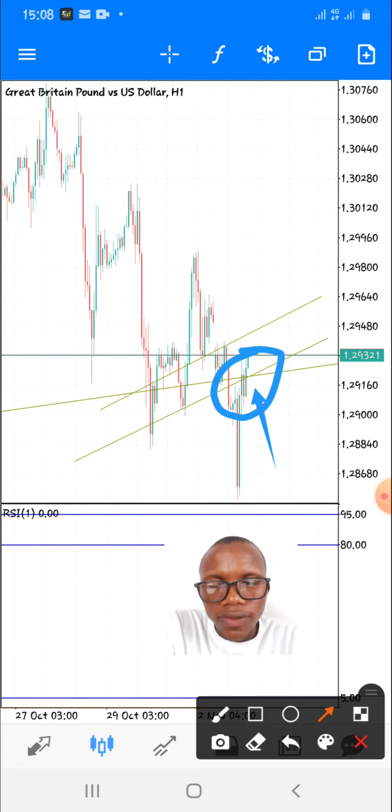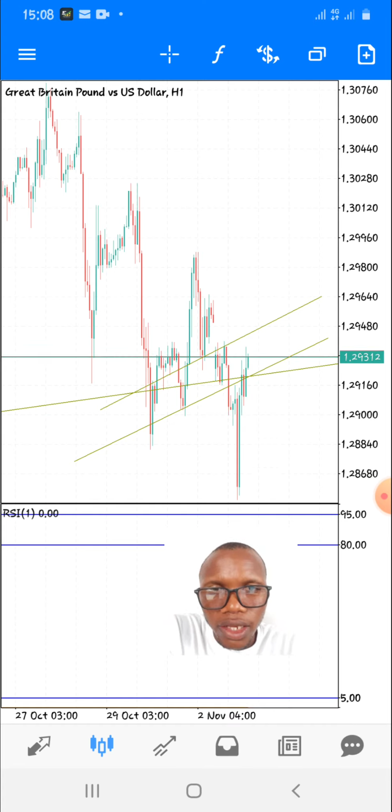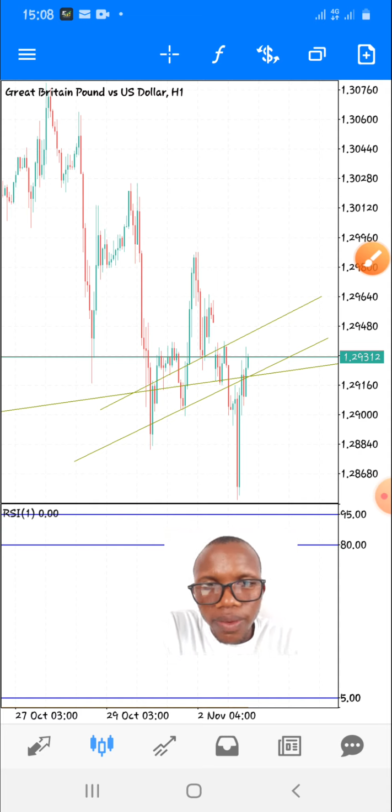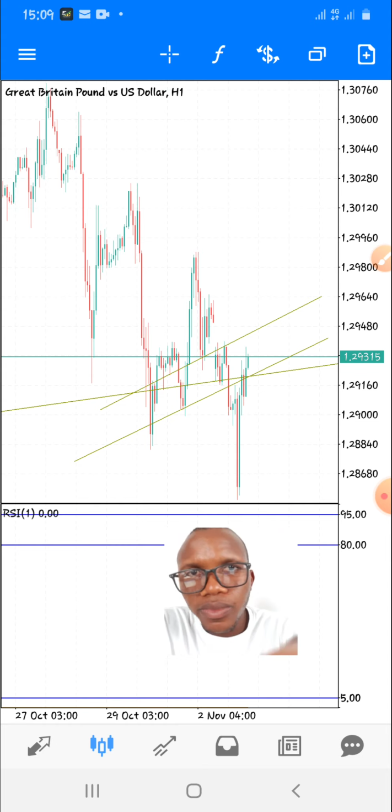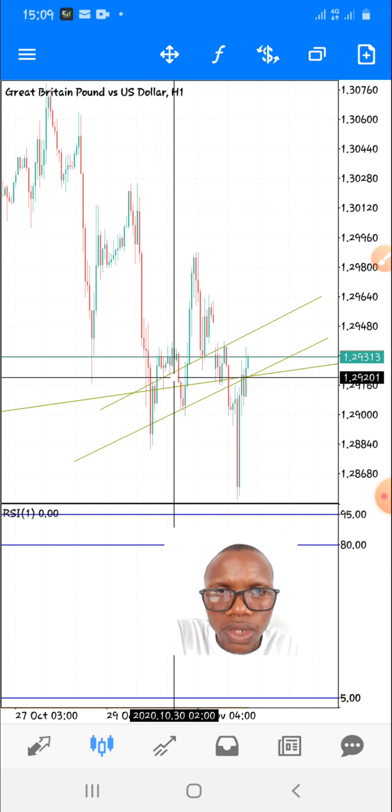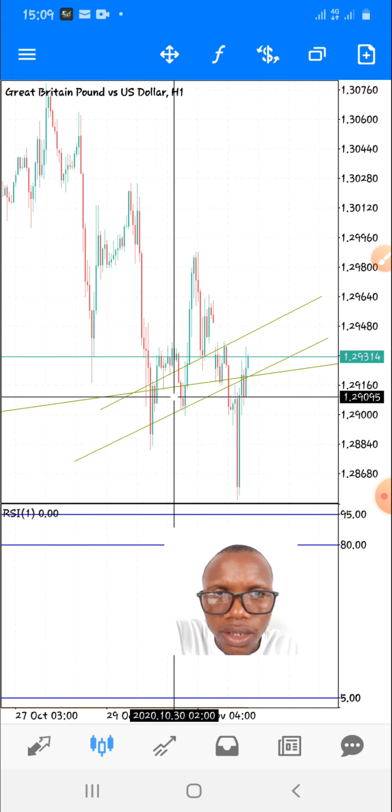So in today's VIP, that's why we said there has to be a buy stop, because when we were analyzing, we saw that there is an area of confluence where the price is going to be bullish. So today I think we placed our buy stop here. It's 1.290 something.